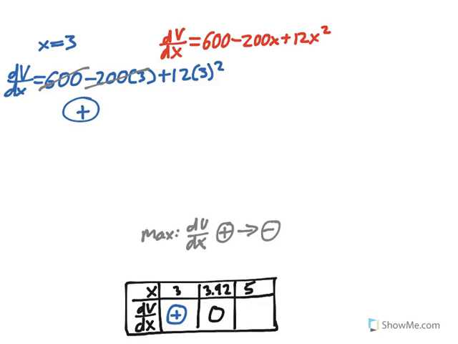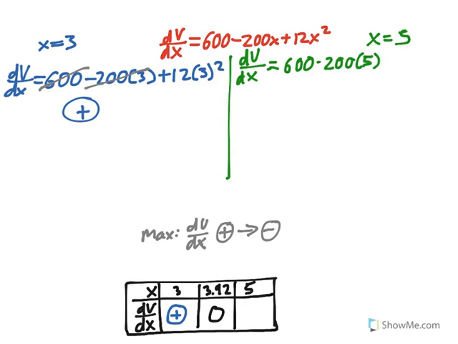So let's check out the x equals 5 value. Plugging that in, dV/dx is going to equal 600 minus 200 times 5 plus 12 times 5 squared.